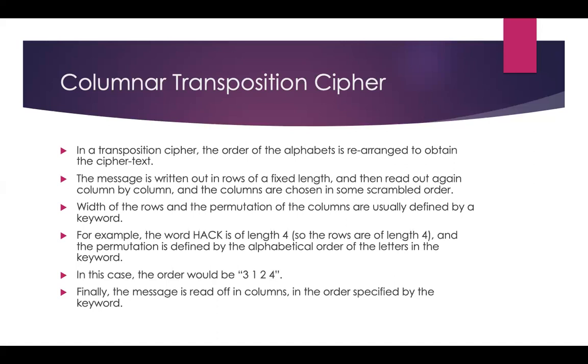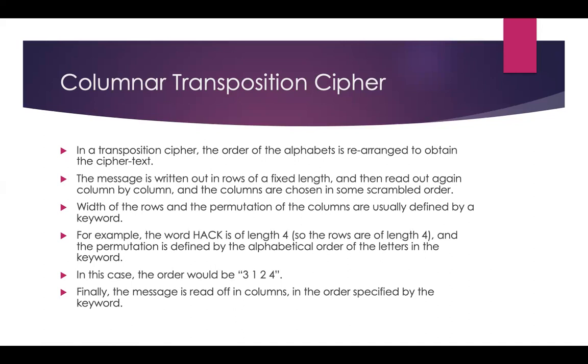Moving on, I have given you the explanation for the previous example. In this transposition cipher, the order of the alphabets is rearranged to obtain the cipher text. The message is written out in rows of a fixed length, and then we read it out column by column, with the columns chosen in some jumbled order. The width of the rows and the permutation of the columns are usually defined by a keyword.